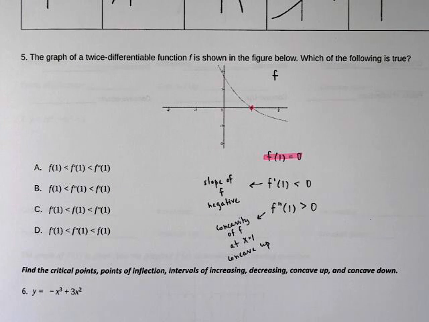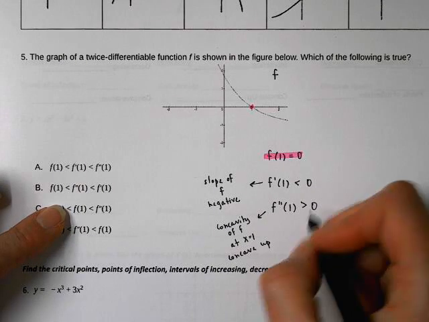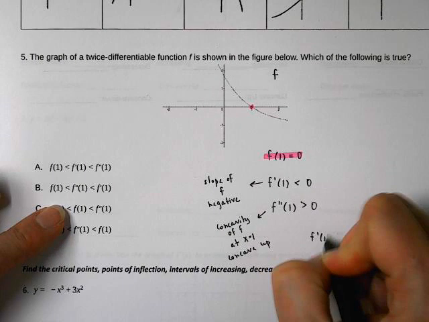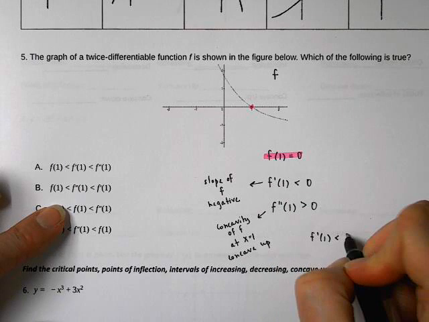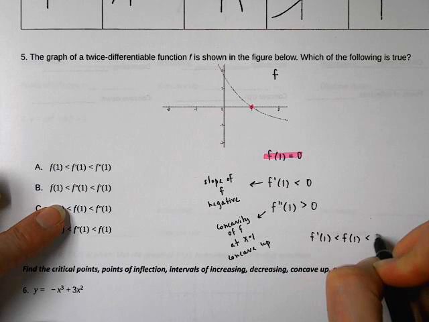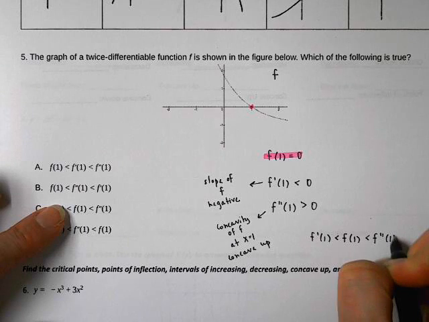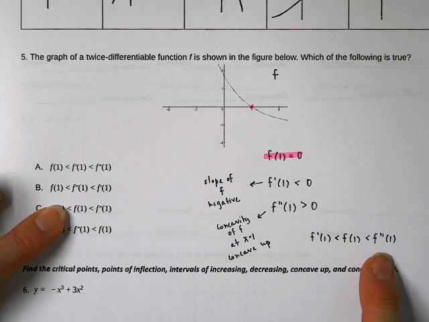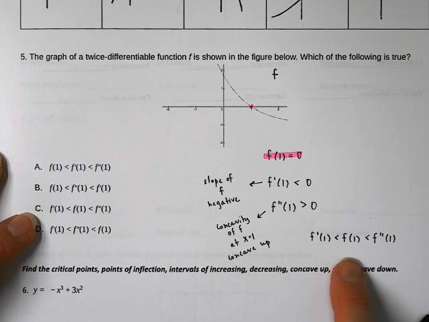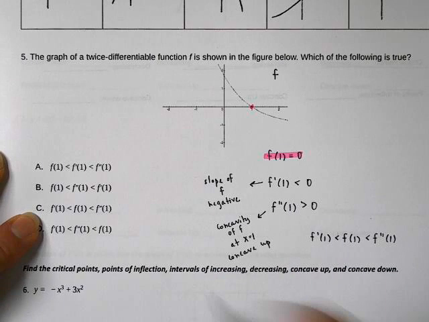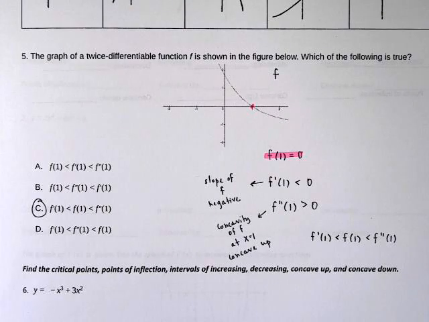So now if I were going to order these, I know the smallest is f prime of 1, f of 1's in the middle, and then my largest is f double prime of 1. Again, we don't care about the actual values, just the relative magnitude. So it looks like in this case the answer is going to be C.